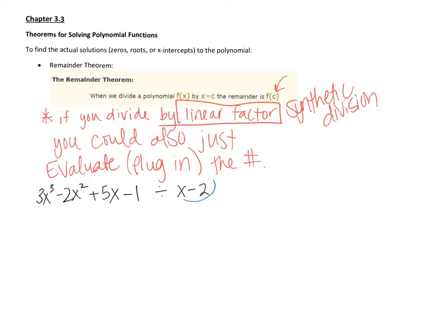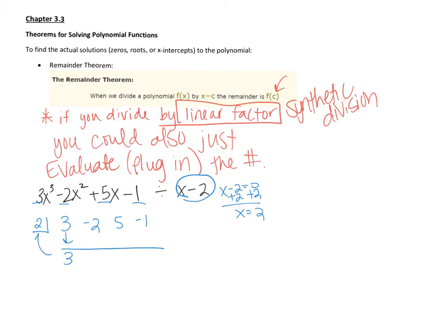Using synthetic division, I'd take this divisor and say x minus 2 equals 0, so x is going to equal 2. We'd put that here in the corner. I'm going to take my coefficients, so I'd have 3, negative 2, 5, negative 1. I would bring down that 3, and then I would multiply and add.